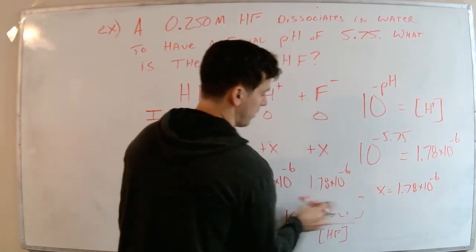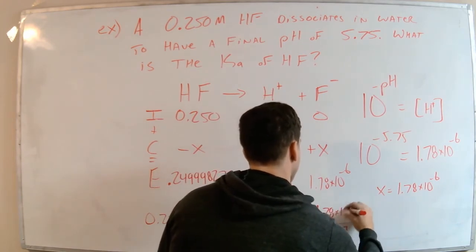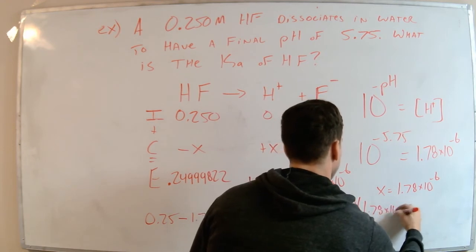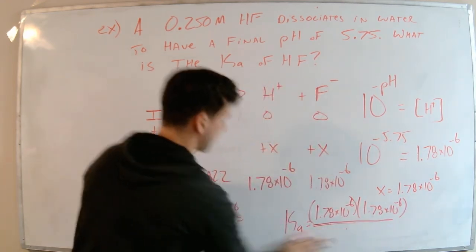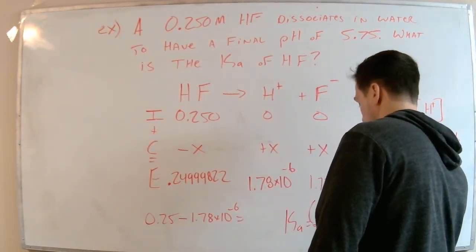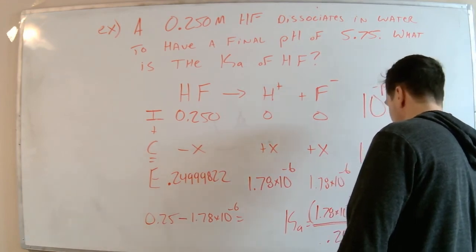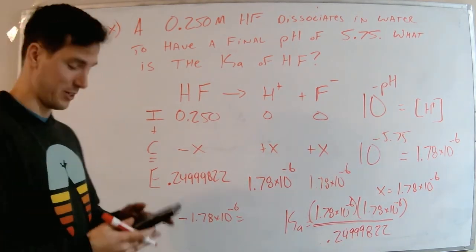So we have 1.78 times 10 to the negative 6 times 1.78 times 10 to the negative 6 over our concentration of HF at equilibrium, which was 0.249998822. I don't think there'd be much difference if you left it as 0.250.